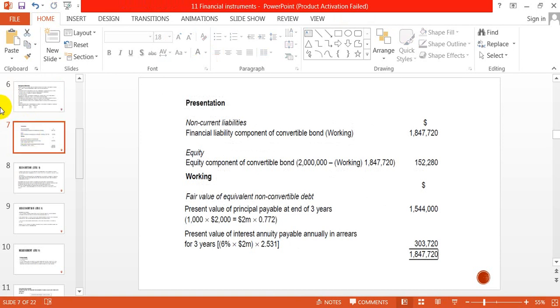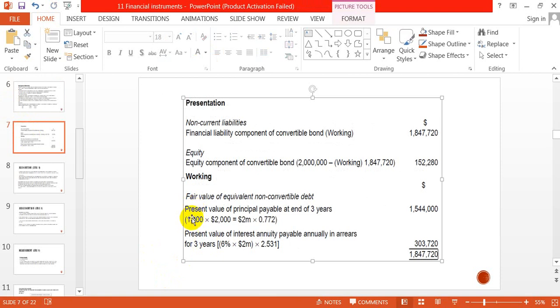Start from the workings. Let's say 1,000 bonds, each 2,000, giving us 2 million. We discount it with a discount factor for year 3 to give us 1,544,000.